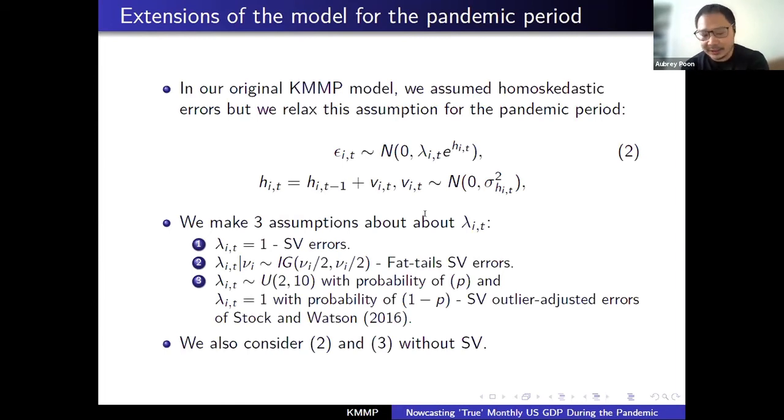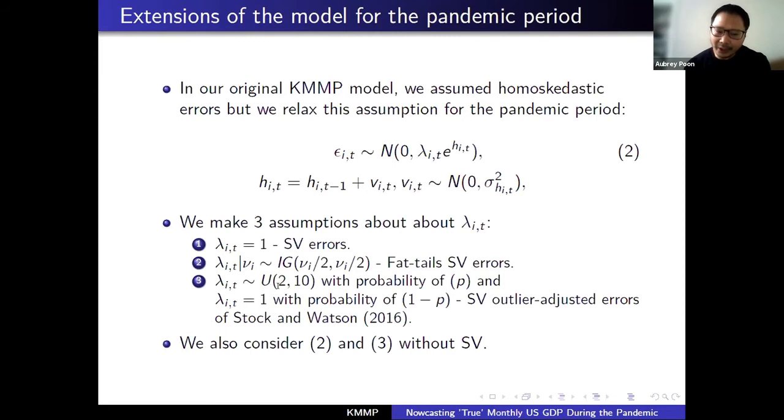Our second assumption is that lambda follows an inverse gamma, which implies fat tail stochastic volatility in the errors. And our third assumption is that lambda follows the SV outlier adjusted errors from Stock and Watson 2016.